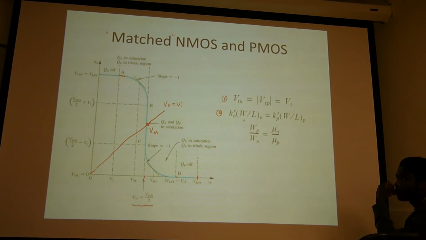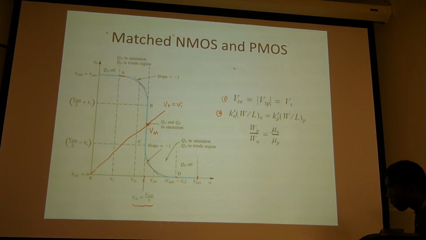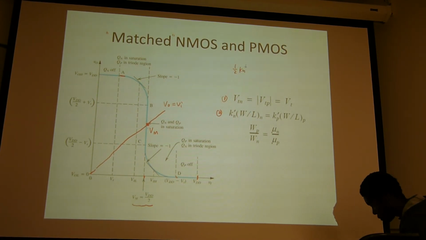So you know at this point, both NMOS and PMOS transistors will be in saturation. So the current, you know, for NMOS, and then you have some voltage term, VGS minus VT. That will be the same.